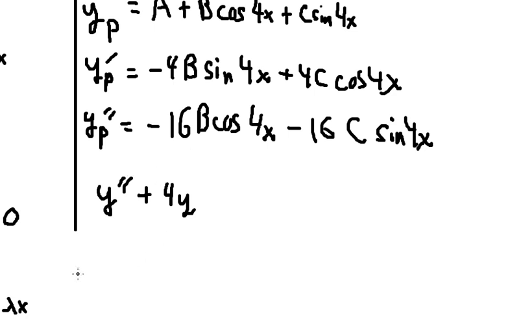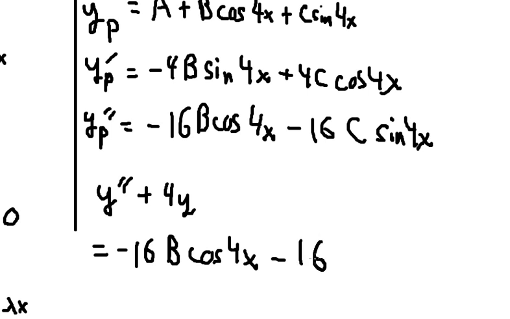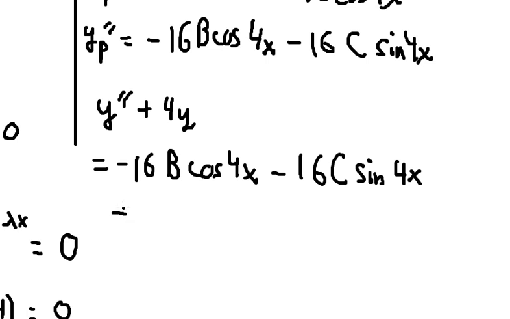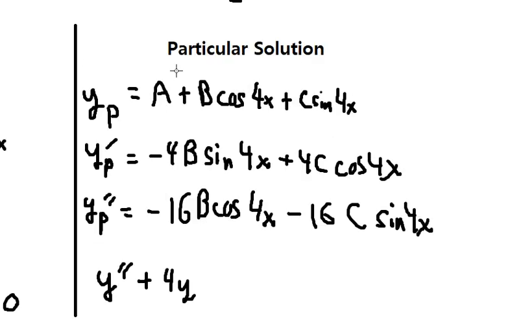So we will have negative 16b cosine 4s minus number 16c sine 4s plus number 4, and we keep the same in here.